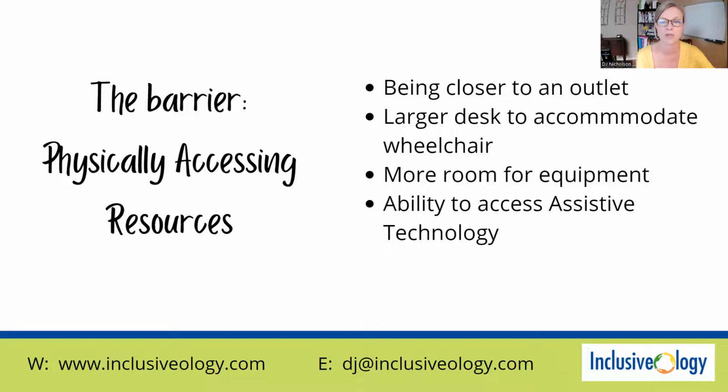So we want to make sure that when we're providing assistive technology as a resource for a child, they have access to it and they're able to utilize all of the different pieces of assistive tech that they need in order to be successful.